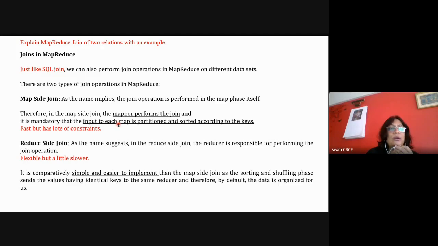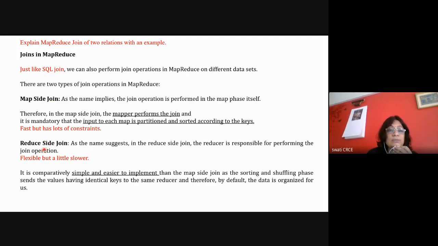Now, in MapReduce, there are two types of joins. The joining operation can be performed in two ways. One is the map side join, where the join is done at the mapper location, and the other is the reducer side join, where we perform the join at the reducer side.